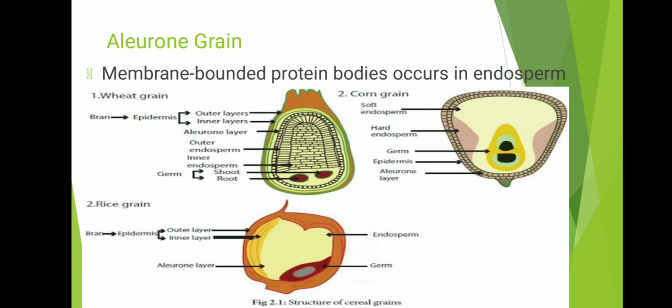These protein bodies are mostly seen in the endosperm of the seed and the cotyledons of the seed. As we know, the endosperm is the storage house. When this endosperm is utilized by the cotyledons of the seed, only then does the seed germination process take place. This aleurone layer is formed in the later stage of seed ripening.